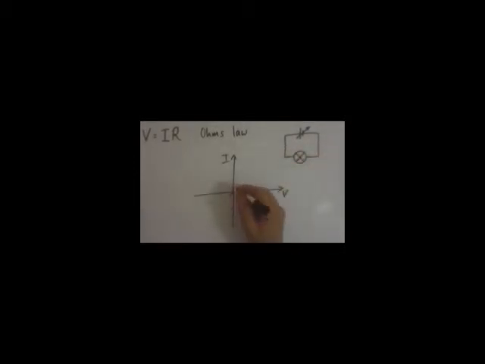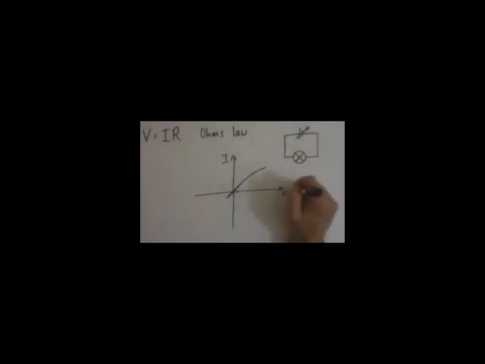Well, when it's cold, when it's just a very small potential difference, we get a very small current. So for the first bit, we're going to get a graph that looks like that, a straight line, i.e. Ohm's law is obeyed for a small section. But as it gets hotter, as current starts running around it, the electrons start colliding with the nuclei of the atoms and with each other, and they start to create heat, and that excites the whole system and gets all those nuclei jumbling around, and because of that it's harder for the current to flow through.